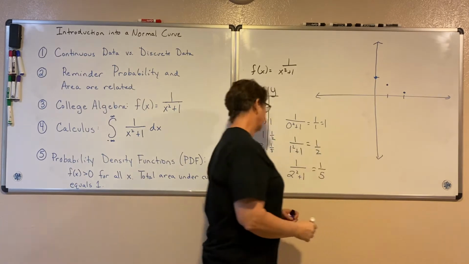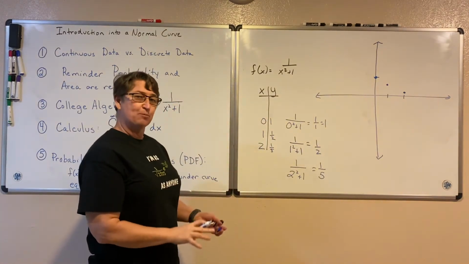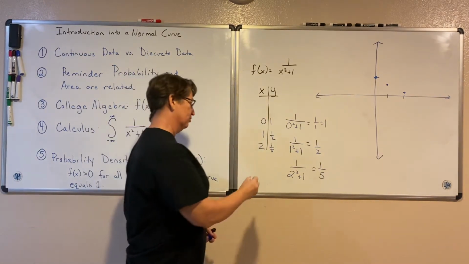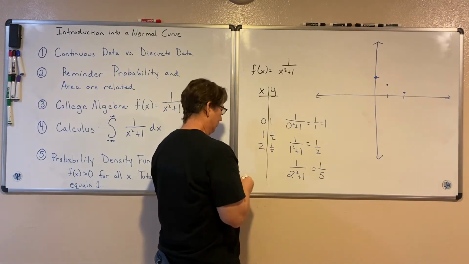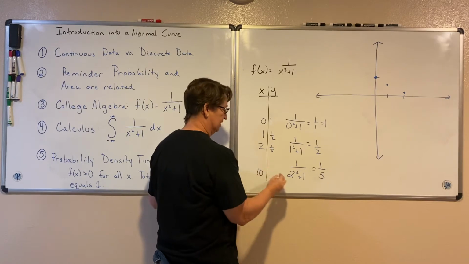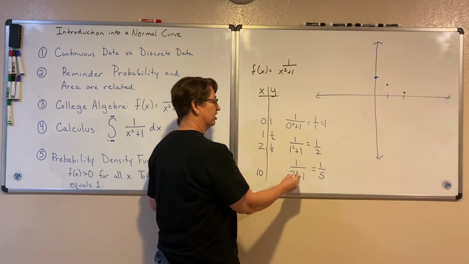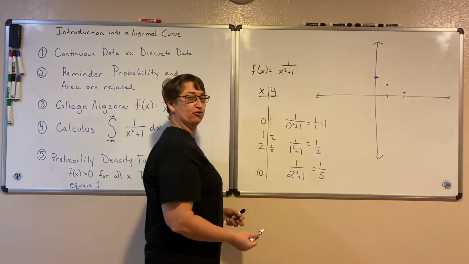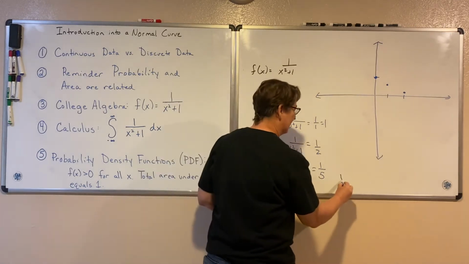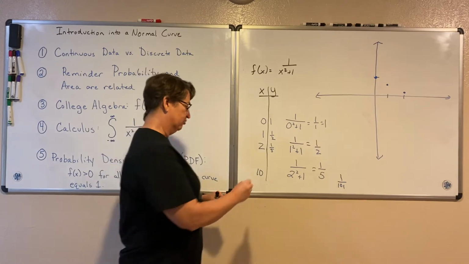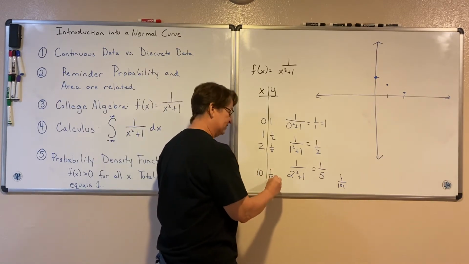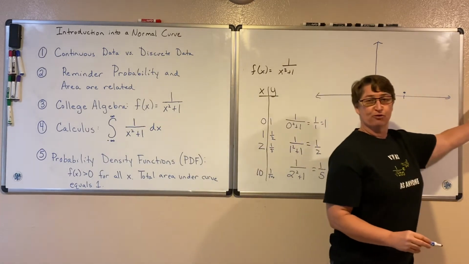I want you to notice that as I put in larger and larger numbers, say we put in something like 10 for x. 10 squared is 100. 100 plus 1 gives me 101. I would end up with a little fraction, 1 over 101. So it gets littler and littler, teenier and teenier as we go further and further out.